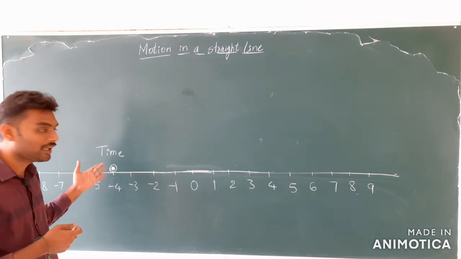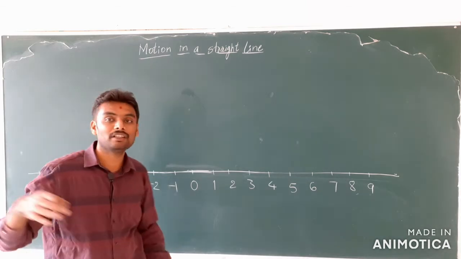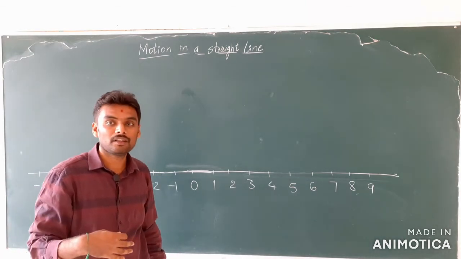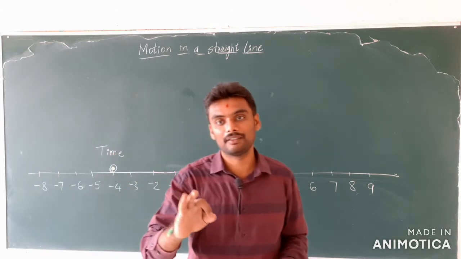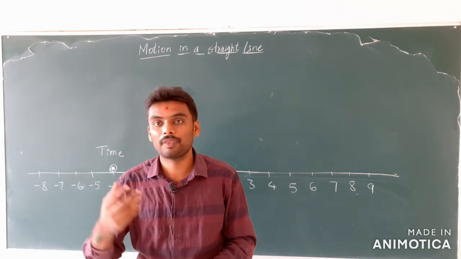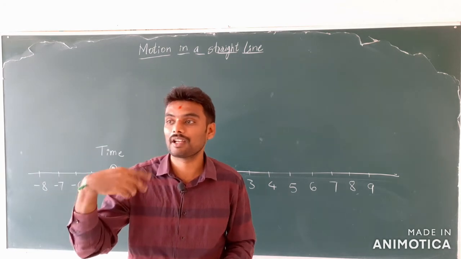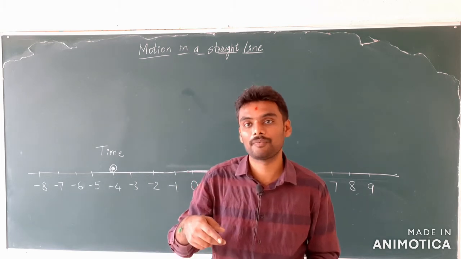If I say a car is moving, when I saw the car, it was moving. That is the reality. If I say the car was moving when I started the observation, that's fine.